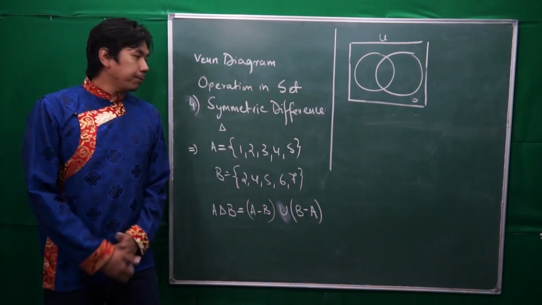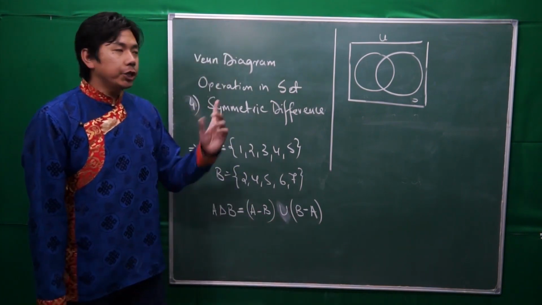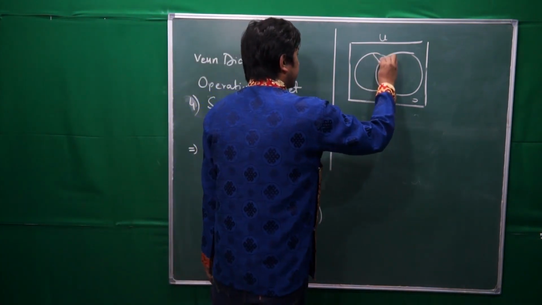And from the past question, difference between sets, we already know A minus B is the region that is only exclusive to A.